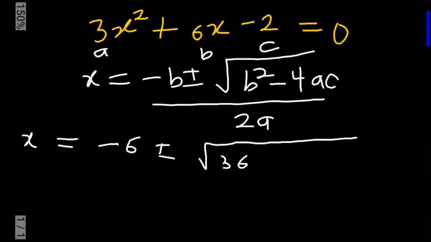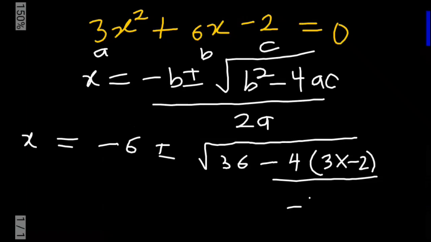Then minus 4 times a times c, where a is 3 and c is minus 2, so we have 4 multiplied by 3 times minus 2. That is minus 4 multiplied by minus 6, which gives us positive 24. So we can input that here.